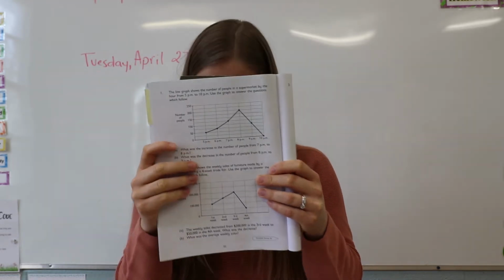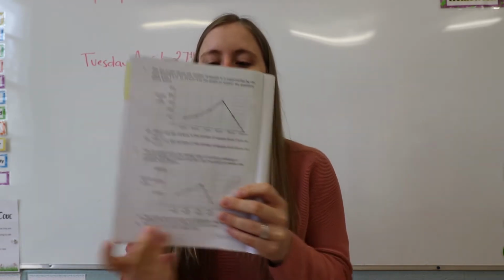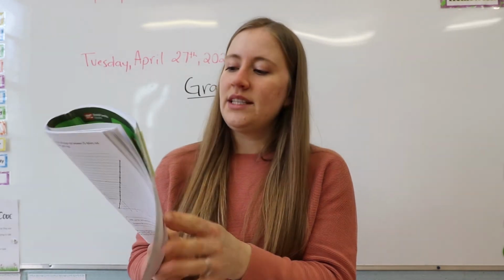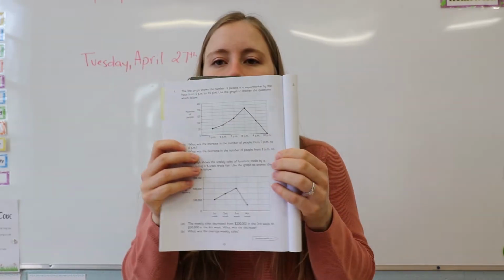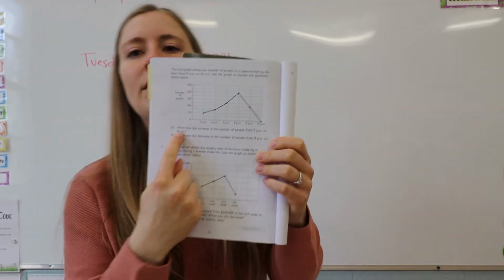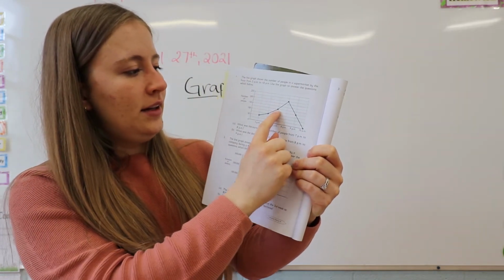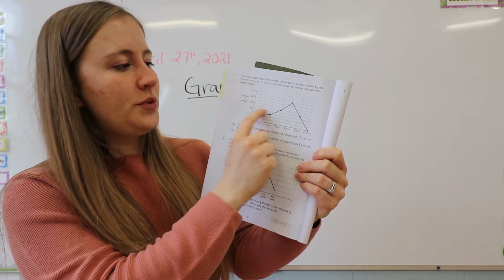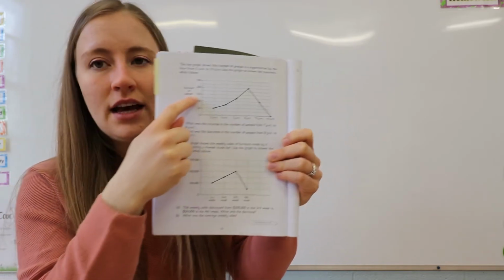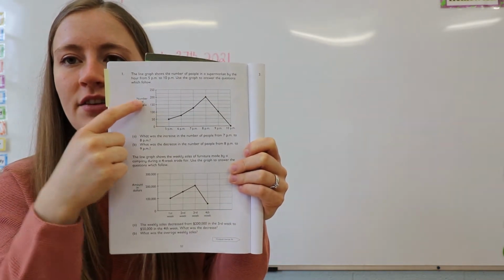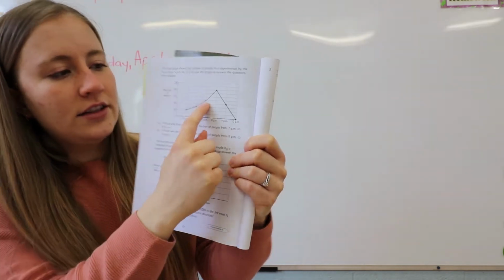Okay, so let's look at our questions. What was the increase in the number of people from 7 p.m. till 8 p.m.? Okay, so in order to figure this out, we need to find our 7 p.m. dot, which is 125. You can tell that because it's between 100 and 150, and there's our dot.